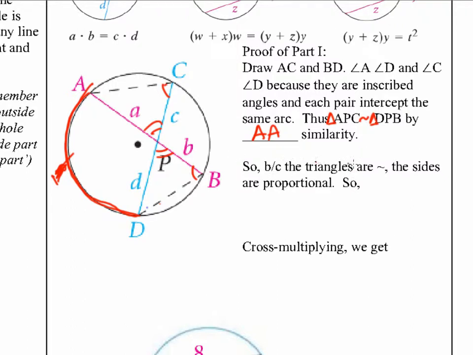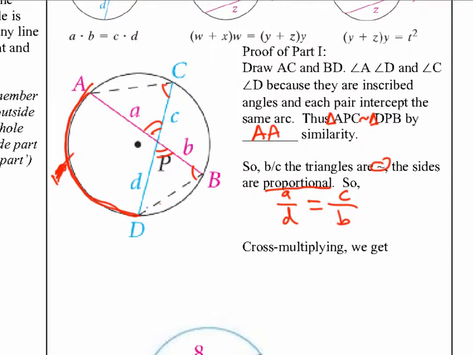So because the triangles are similar, the sides are proportional. So we can say, who is the long side here? A to D, right? Long side to long side equals short side, C to B, right? Long to long equals short to short.